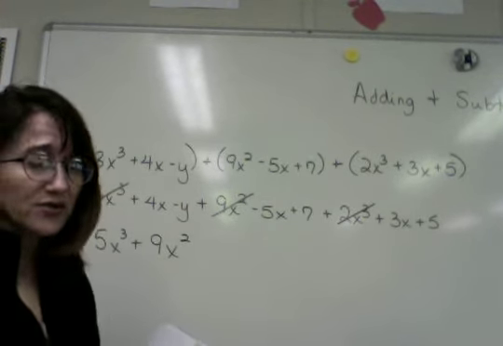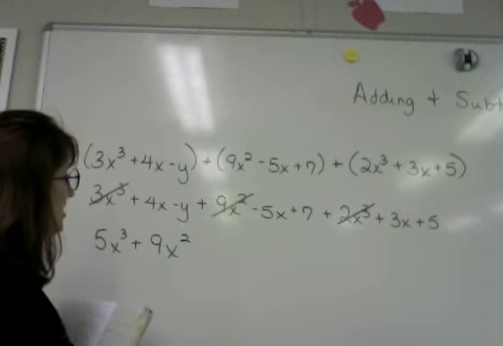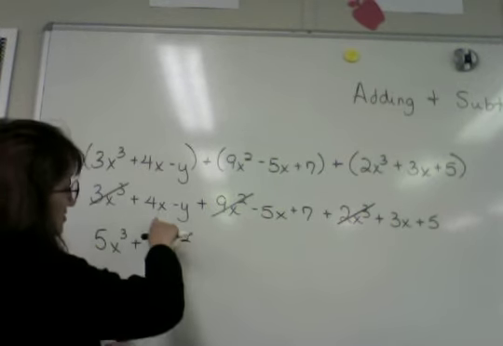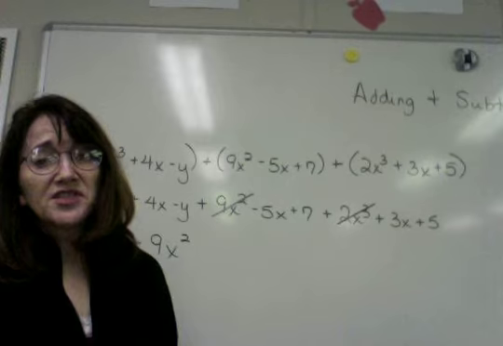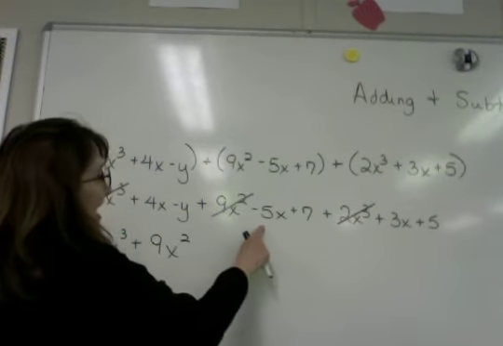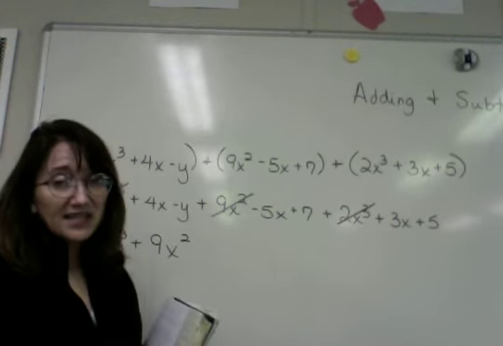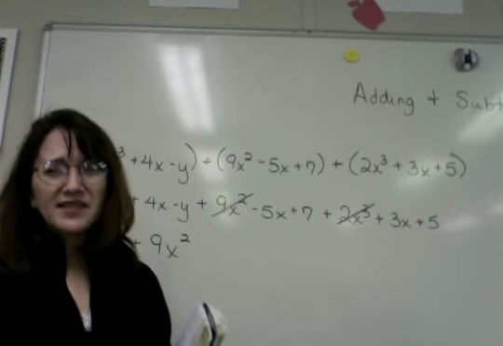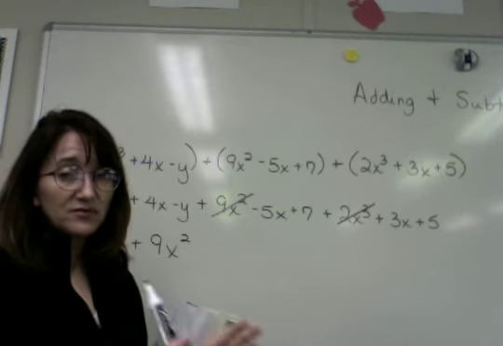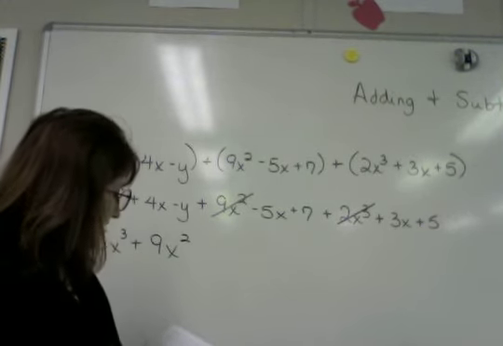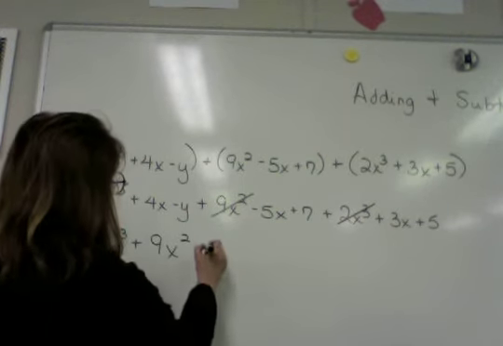I just add them together, so I have a 7x. Then I add the negative 5x. If signs aren't the same, I subtract and take the sign of the larger absolute value number. So that's going to end up being a positive 2x.